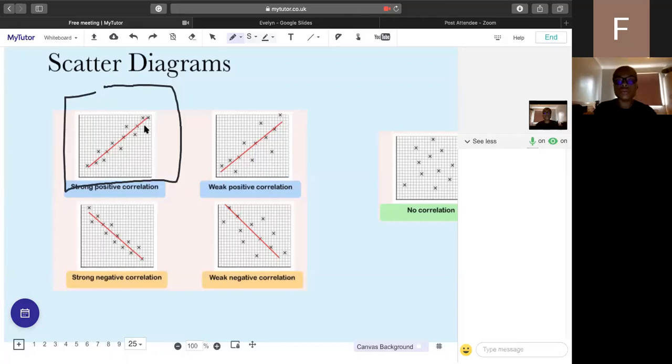So when you estimate the line of best fit, try to put your ruler and move it slightly until it looks as if you could draw a line through the center of those points, and then make sure you have the same number of crosses or points above your line as there are below your line, so you get it as central as possible. Hopefully that answers that question.